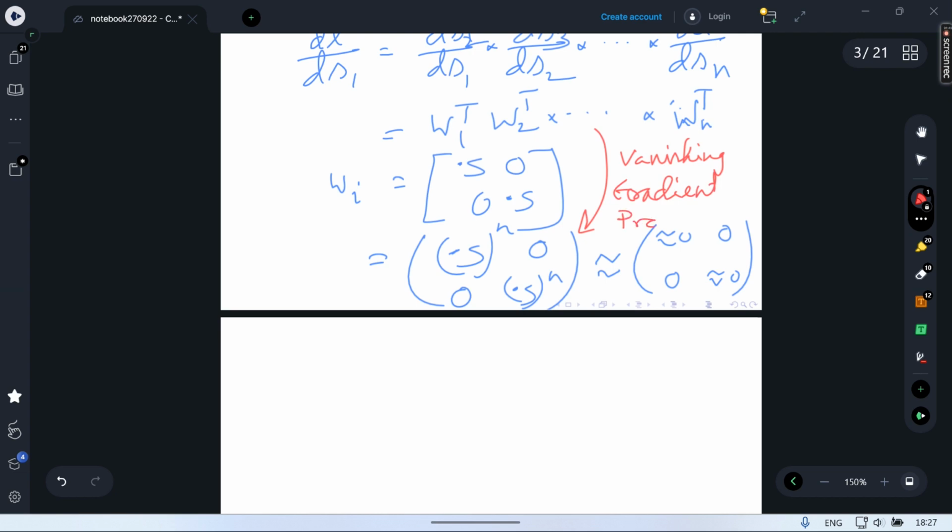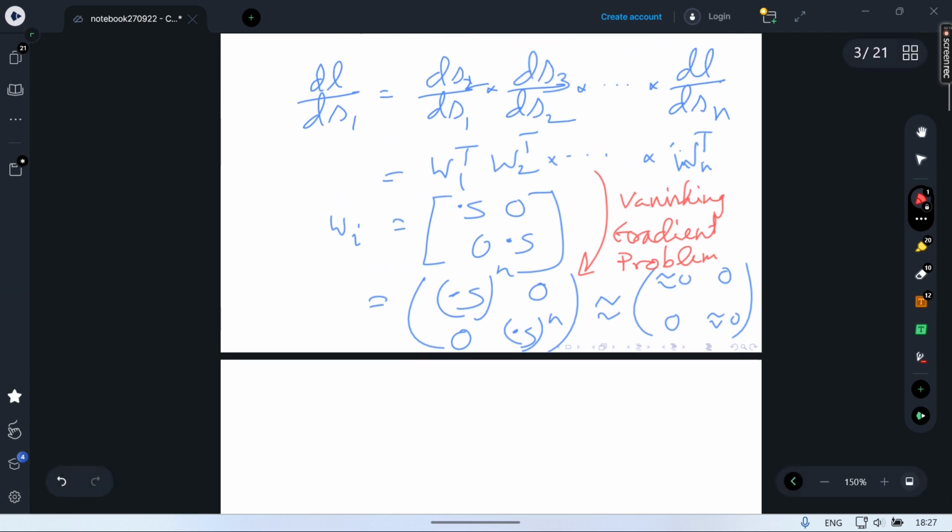In this problem, what is happening is that with the increase of the depth of the neural network model, your gradient vanishes, or becomes zero. As a result, the parameter will not get updated, and thus the loss will not decrease. So the model will not be trained properly. This is called the vanishing gradient problem.